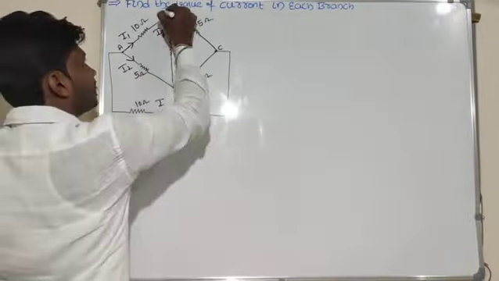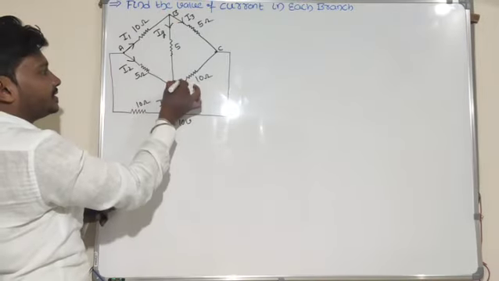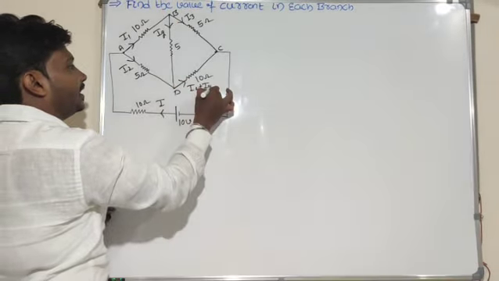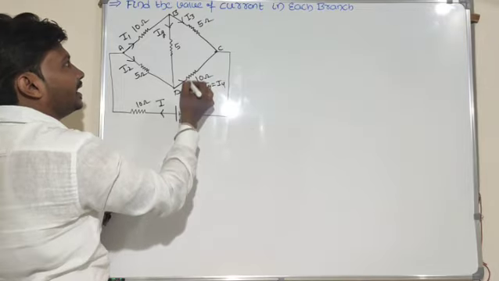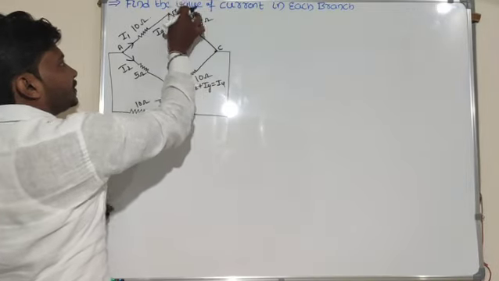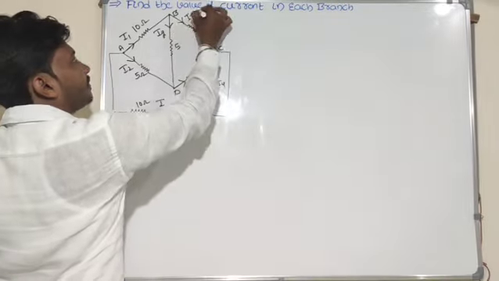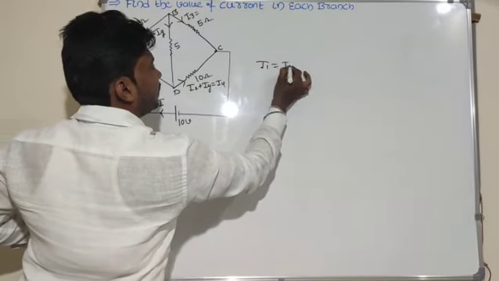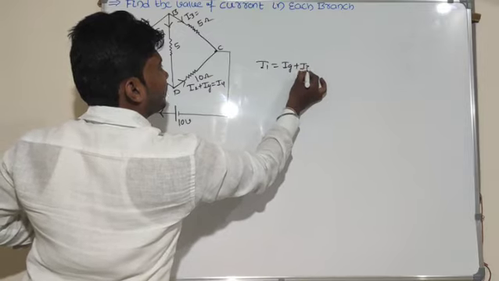Now look here. I2 is entering, IG is also entering, so that is I2 plus IG. So the total I can take as I4. I3 I will take as I1 minus IG here. Why? Because entering current is equal to leaving current here.